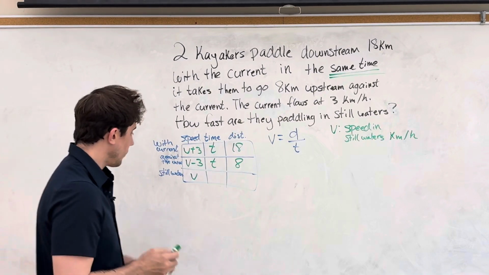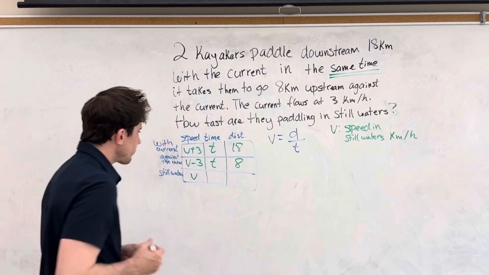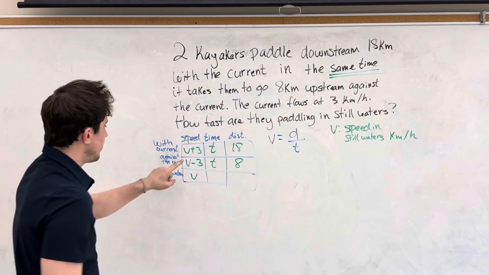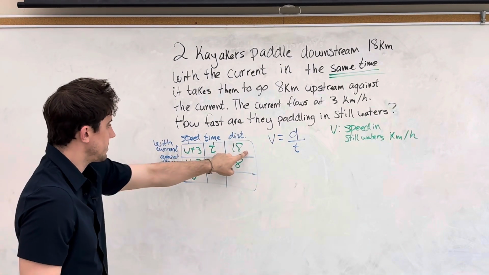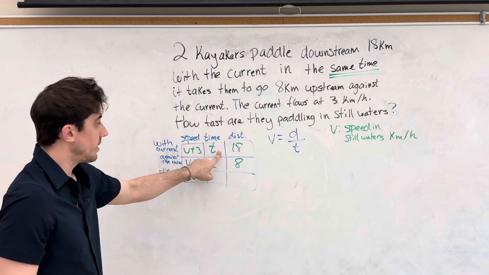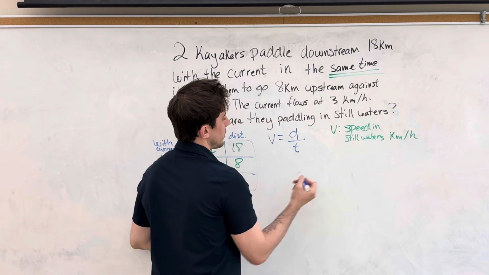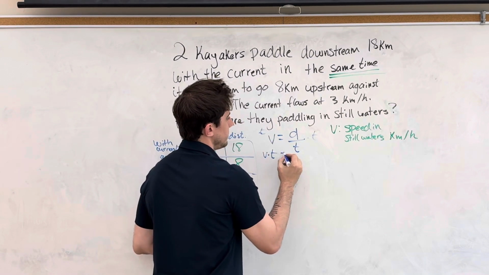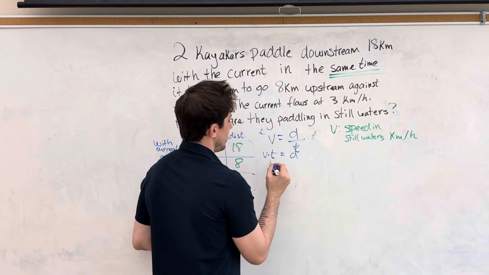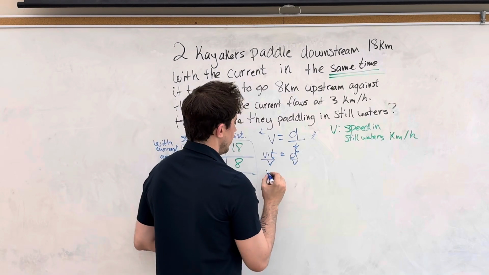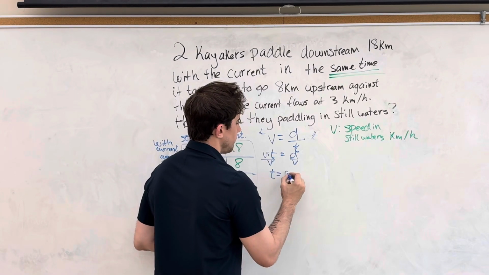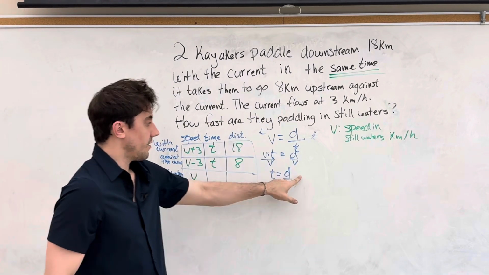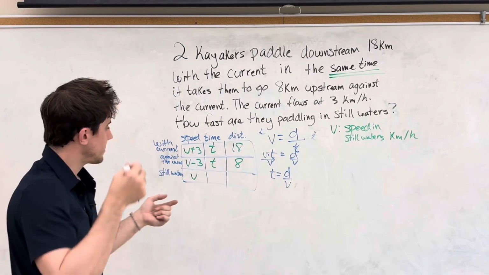What I would do from here is note again that v is equal to d over t, so the speed is equal to the distance over time. If I do a bit of algebra and multiply by t, I get that v times t is equal to d, and then if I divide by v, I get that t all by itself is equal to d over v, meaning that time is equal to the distance divided by the speed. That should make sense.